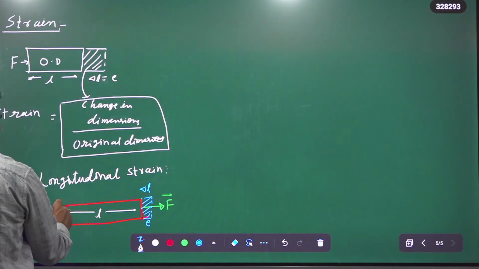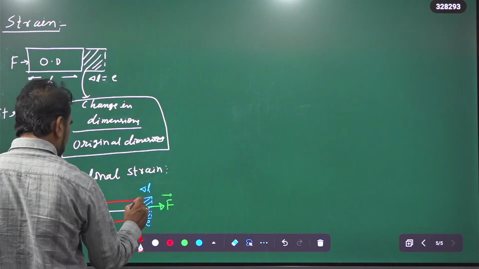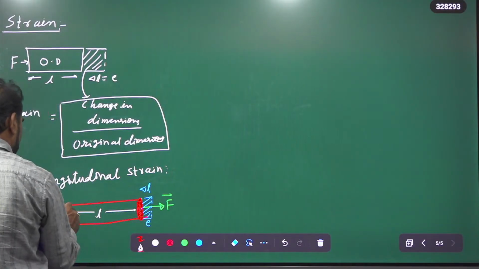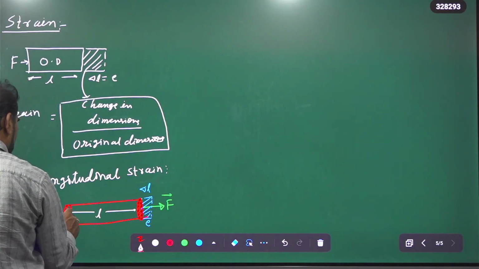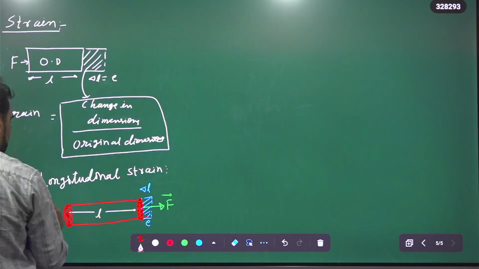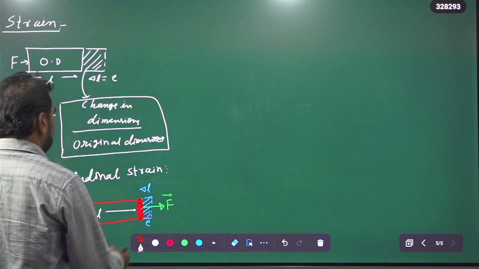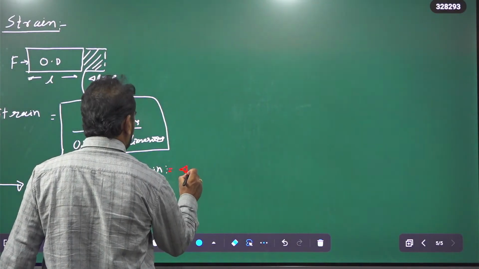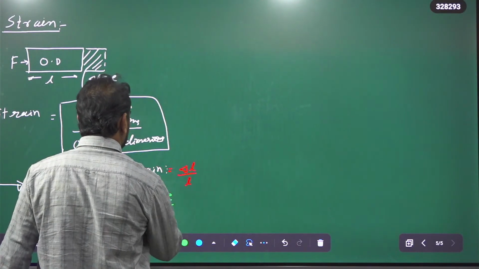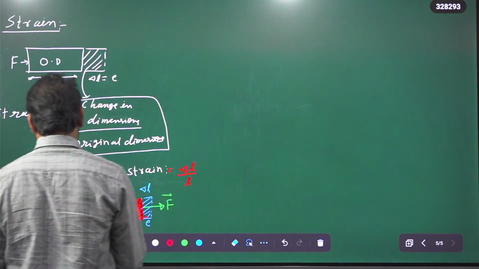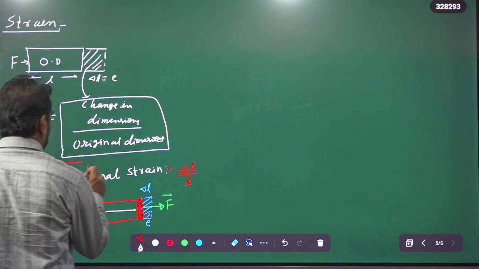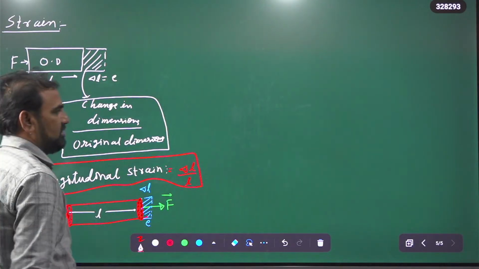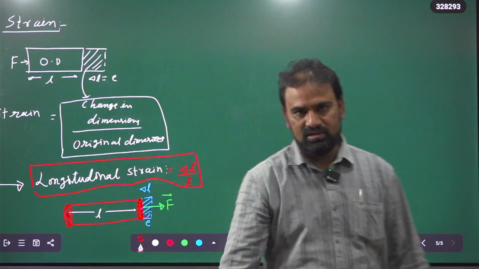It also has some cross-sectional area. Let's take A as the area of cross section of the rod. Longitudinal strain is equal to change in length by original length, that is equal to delta L upon L. Longitudinal strain can be defined as the change in length to the original length.